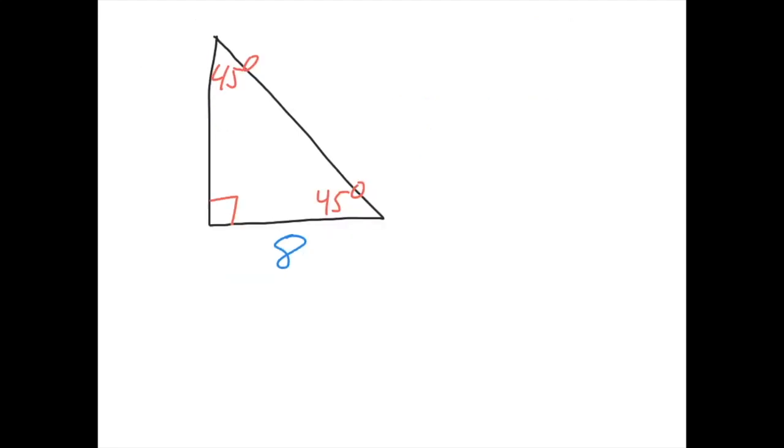This one's a bit easier than the 30, 60, 90. Here we have 8 as the leg, so the other leg is also going to be 8. And the hypotenuse is going to be 8 times the square root of 2. Again, easy enough.